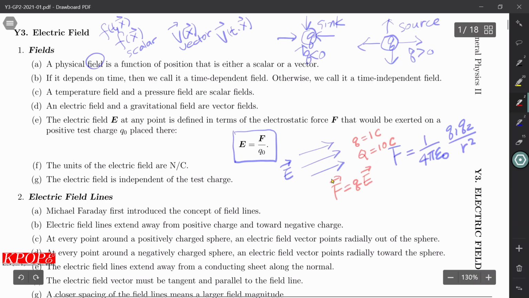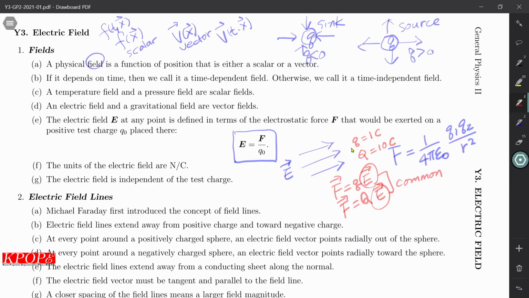Under the same electric field, the force changes, however, because the two charges are different, we have electrostatic force depending on the charge.